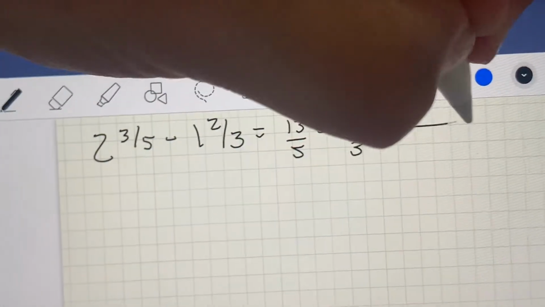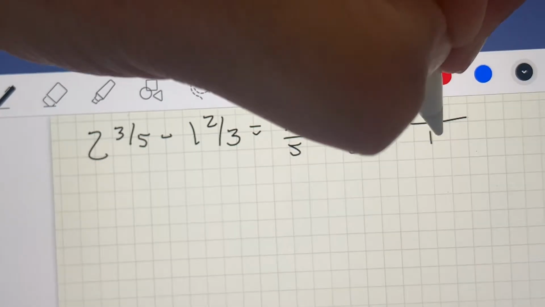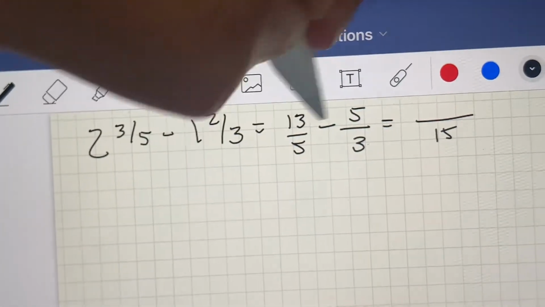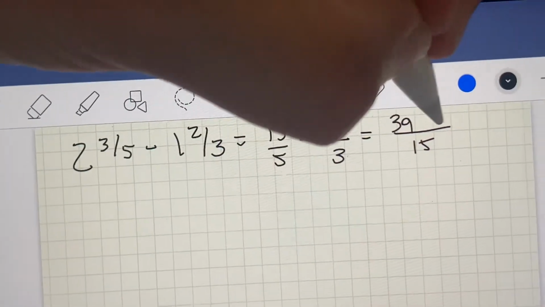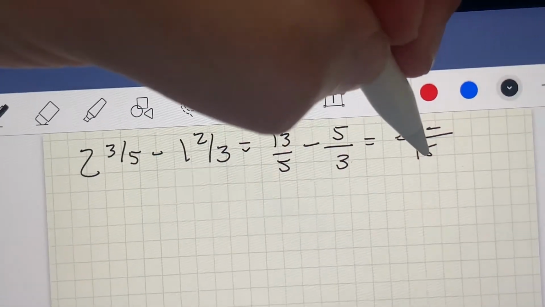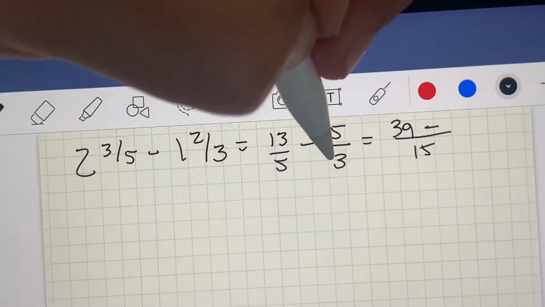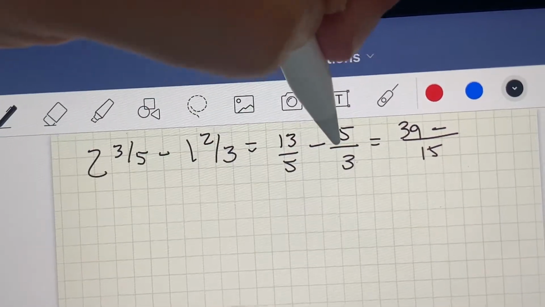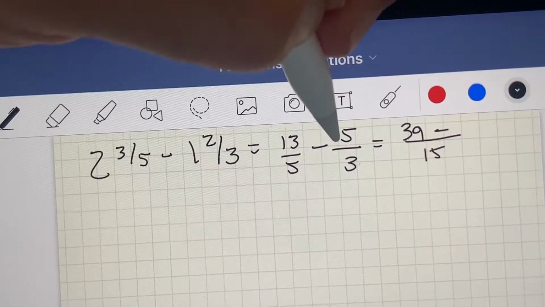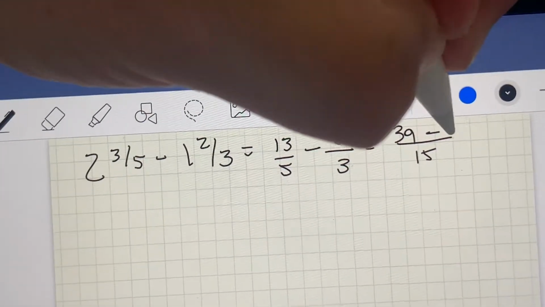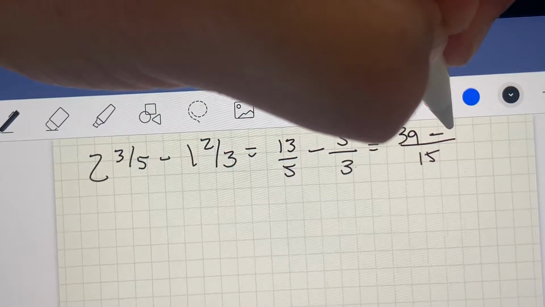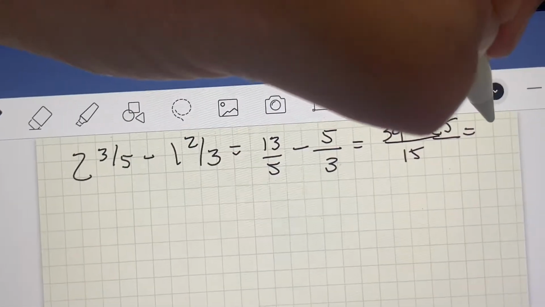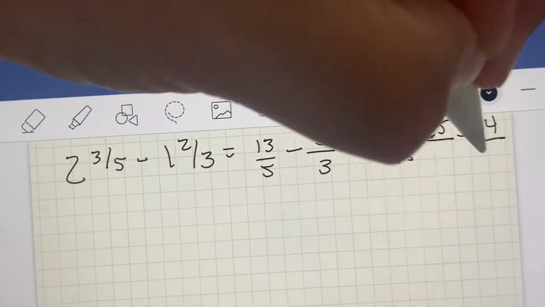The common denominator is 15. 15 divided by 5 is 3, so that'd be 39, minus 15 divided by 3 is 5, so that'd be 25. And the answer for this would be 14 over 15.